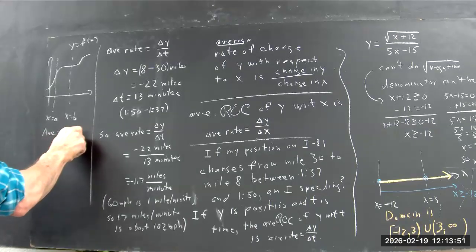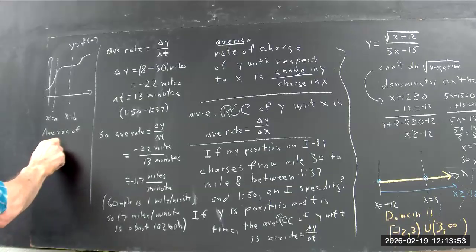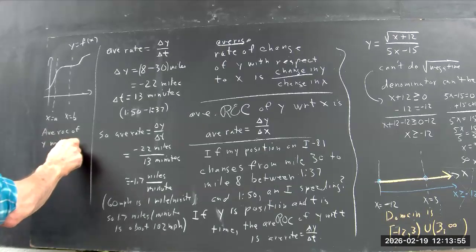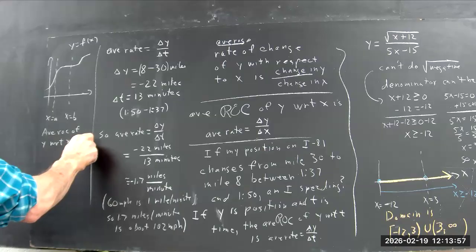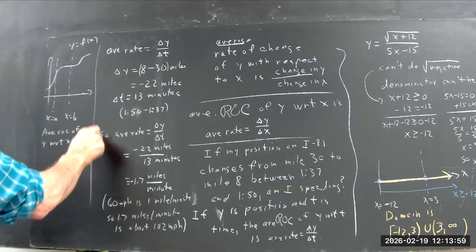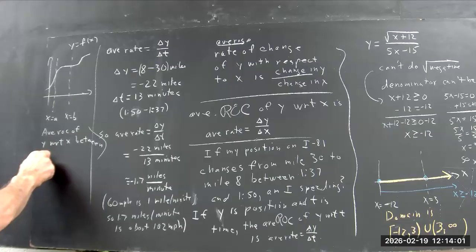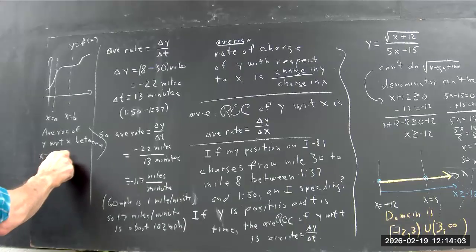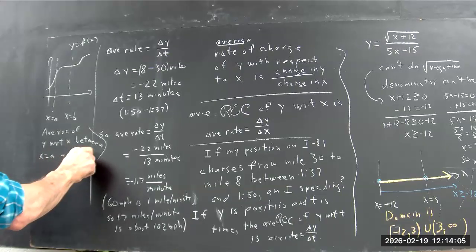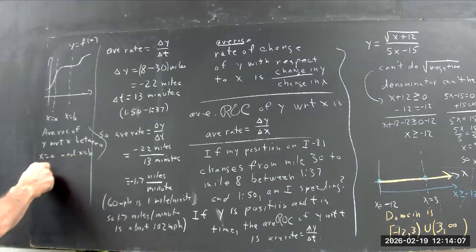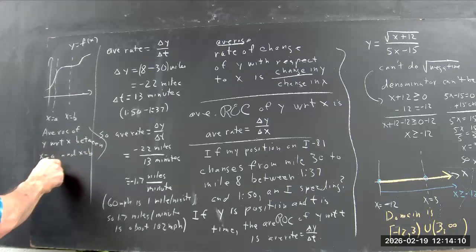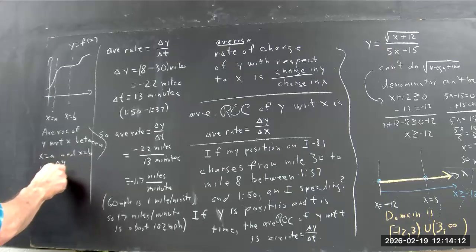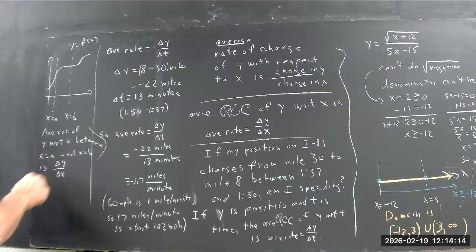The average rate of change of y with respect to x between x equals a and x equals b is change in y over change in x.